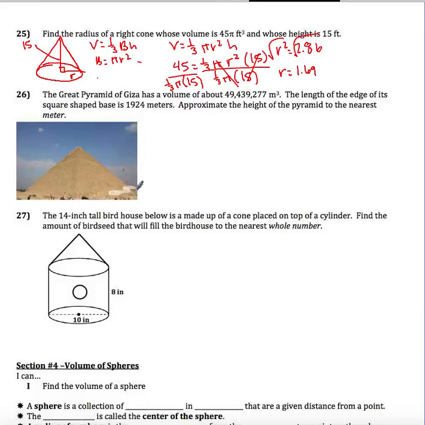Okay, so we know it's a pyramid. We know that our base is going to be a square, so we're going to pretend like this is a square. So this is our pyramid.